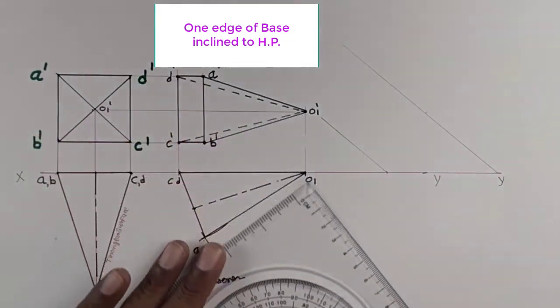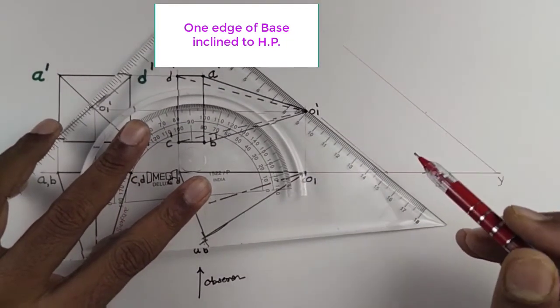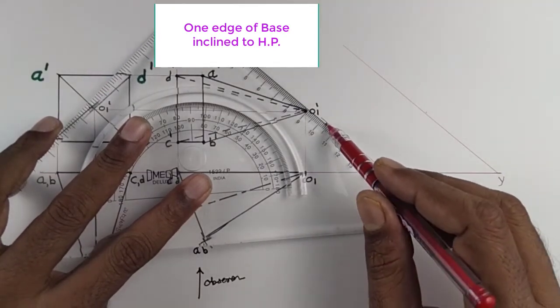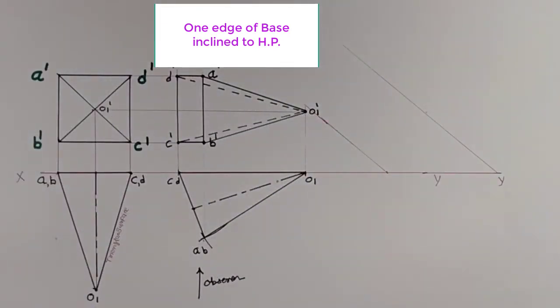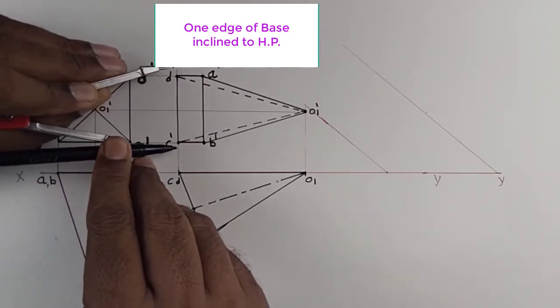And my concept is, I am arranging my solid in such a way that the base is nearer to the HP plane and the apex away from the HP plane. We tilt our solid with a certain condition.